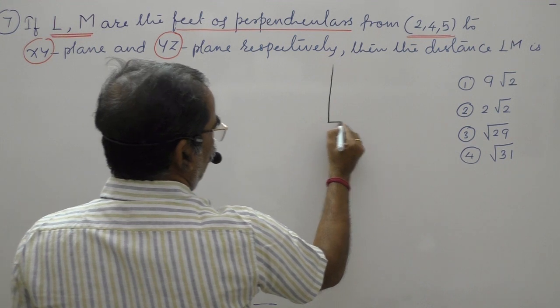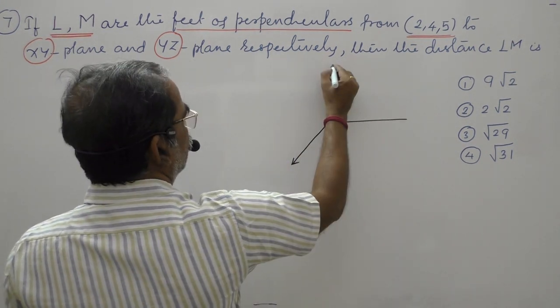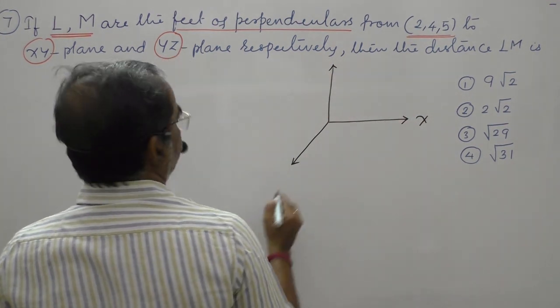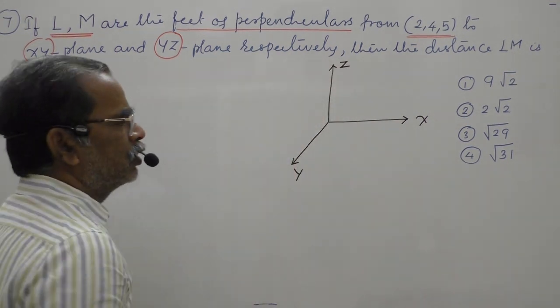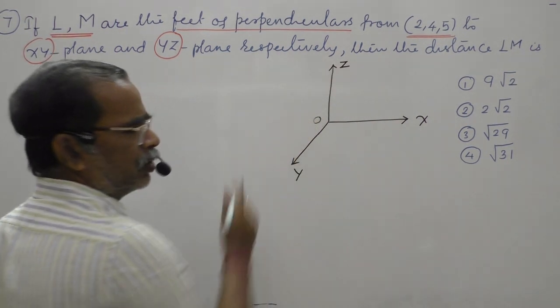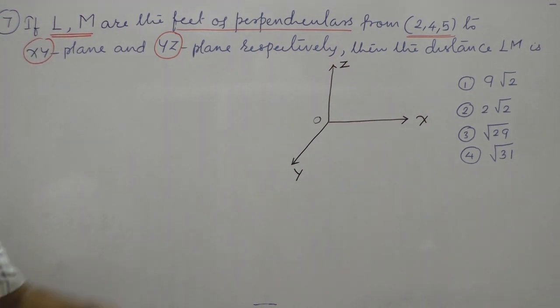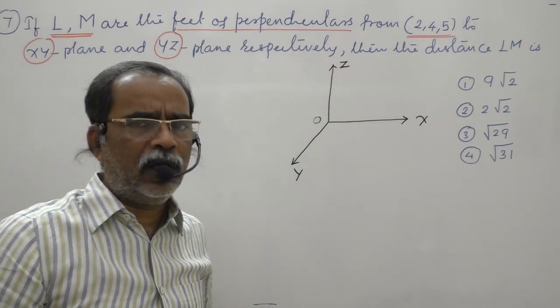If this is the coordinate space, this is the x-axis, this is the y-axis, and suppose this is the z-axis, this is the origin. Very simple. See, there is a point (2, 4, 5). It has 3 coordinates, none of those 3 is 0.